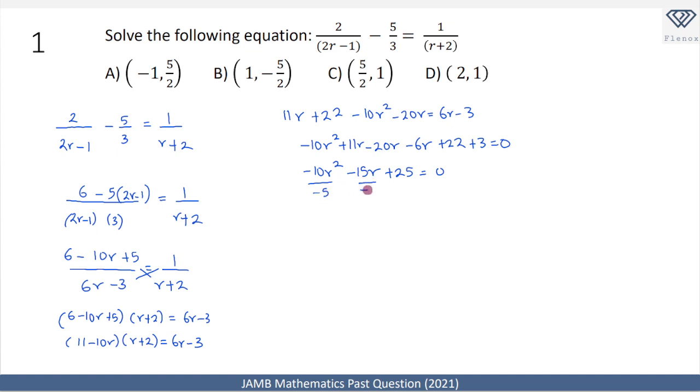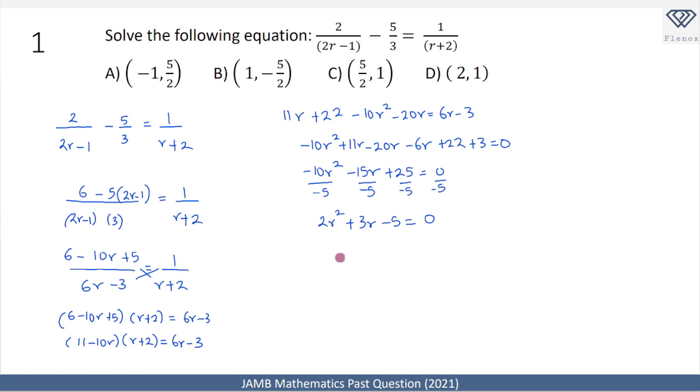So if I divide through by minus 5, this becomes 2r squared plus, because minus divided by minus is plus, then plus 3r, then 25 divided by minus 5 will give me minus 5, and 0 divided by any number is going to give me 0. So as you can see, this comes down to be a quadratic equation.